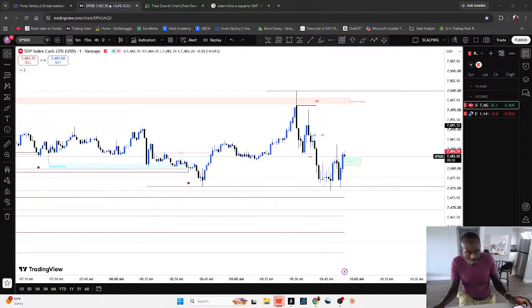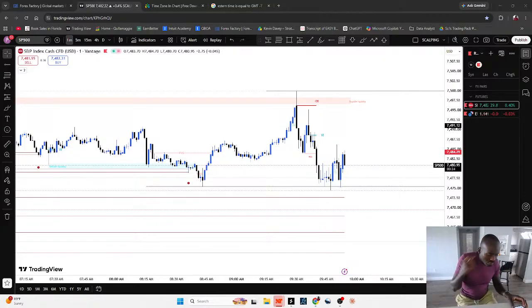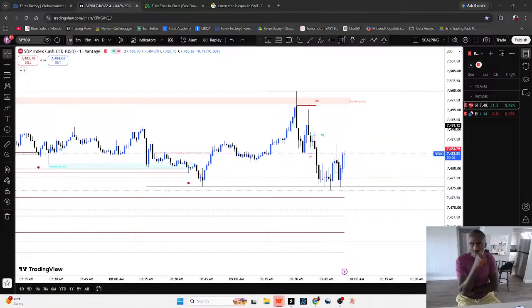This 4-hour candle has 5 minutes left. I want to see this if it's very short. So I want to see this get inverted, probably.